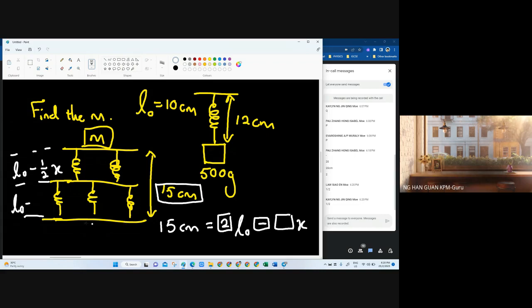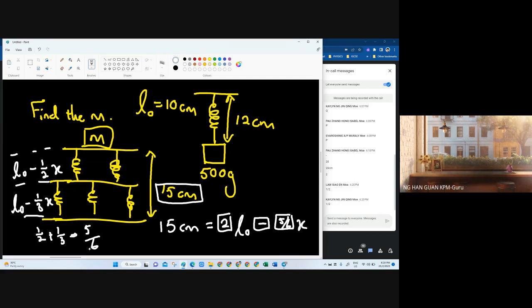So we have the 3 in parallel, so we're going to minus 1 over 3 x. So once we total it up, it becomes 2 original lengths minus 5 over 6 x, because 1 over 2 plus 1 over 3 is equal to 5 over 6.